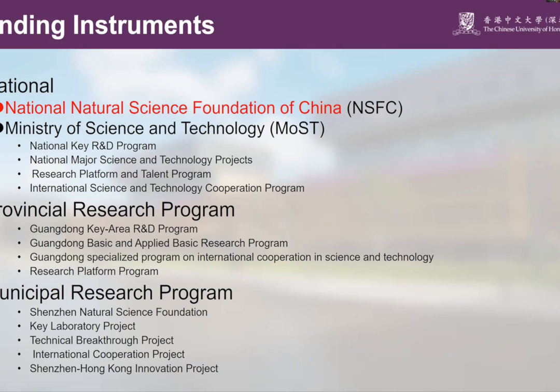The municipal research grant program is perhaps the most generous one, because we're in the city of Shenzhen. Annually, the city hands out more than $2 billion in research funding. That's quite a bit of research funding for a young city where there are only 5 or 6 universities at this point.